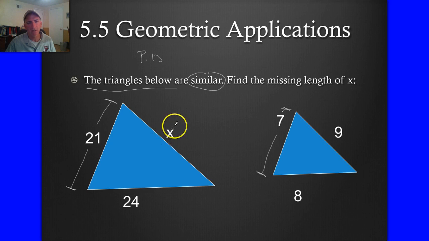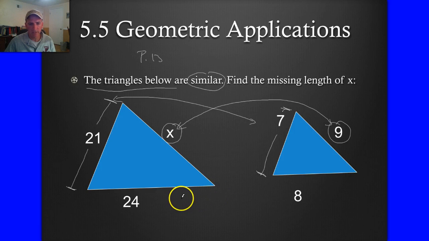The corresponding side of x would be 9. So if they're similar, the ratios of those are equal. The ratio of x and 9 is equal to the ratio of 21 and 7.